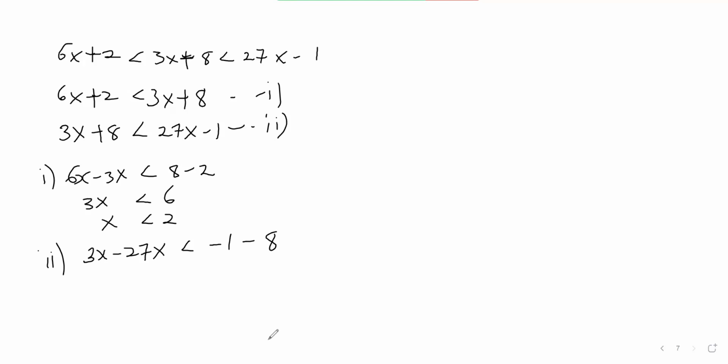So that gives us minus 24x is less than minus 9. Divide by minus 24. We will change the inequality. That gives us x greater than, 3 will go here, that will cancel, 3 here, 8 here. That is 3 over 8.